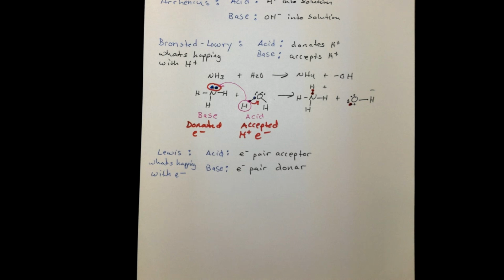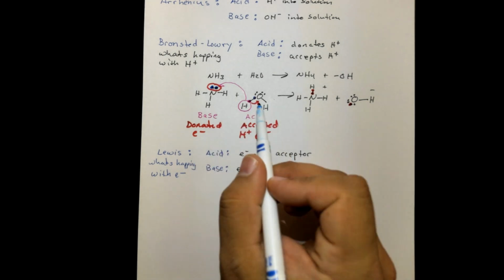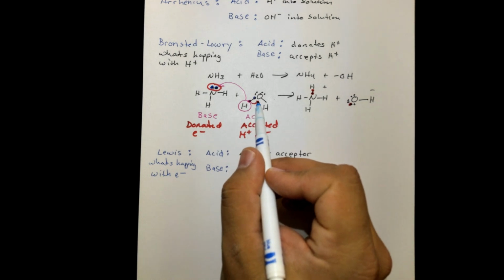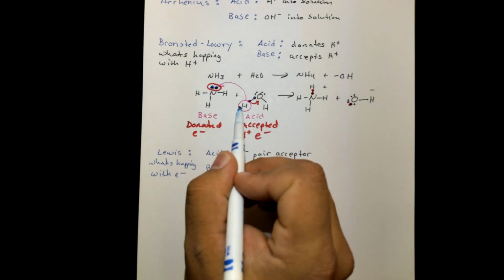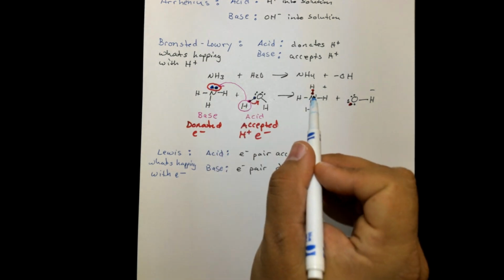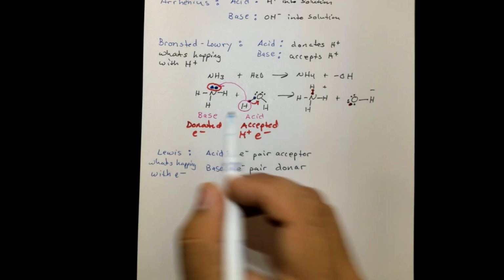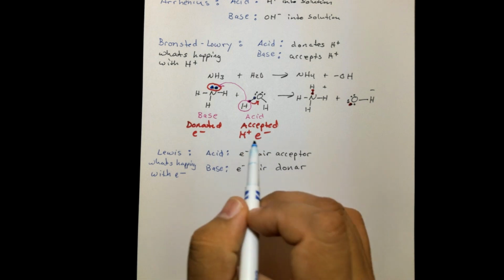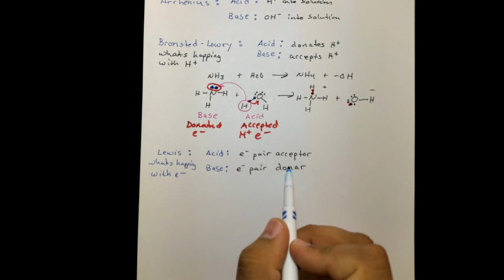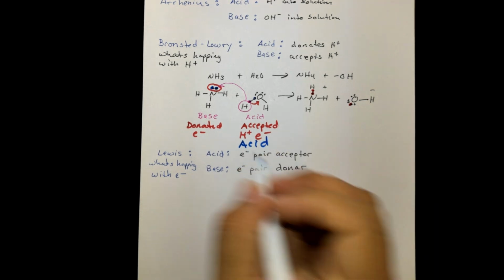Now, by definition, now that we saw what happened with the electrons, water accepted hydrogen's electron, and nitrogen donated those 2 electrons to the loose hydrogen once it was formed to form the bond here. So here's nitrogen's 2 electrons, here's hydrogen's 1 electron, and we designated he's the guy that donated electrons, he's the guy that accepted. So according to the definition, the guy who accepted is the acid, and the guy who donated is the base.